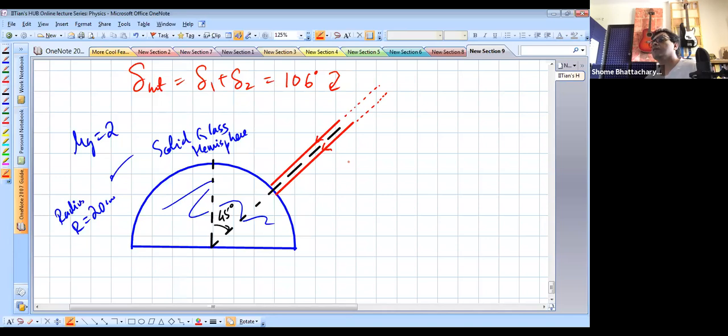So we have a narrow parallel beam, like a laser beam, it's very focused and narrow, from infinity. Okay. Find the position and type of image formed.